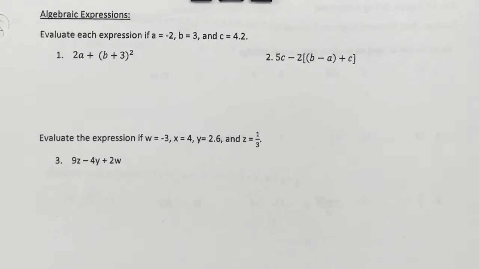All right, here we go. So, look, I'm not going to say 2 times A anymore, because what am I going to put in instead of A? Negative 2. And I'm not going to say B plus 3 anymore. What am I going to put in instead of B? 3. All right, try number 1 here. And when you finish 1, you can start on number 2.